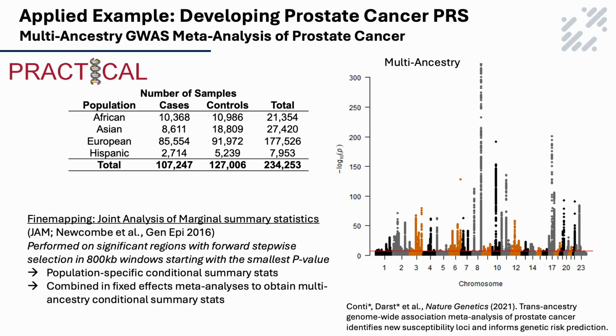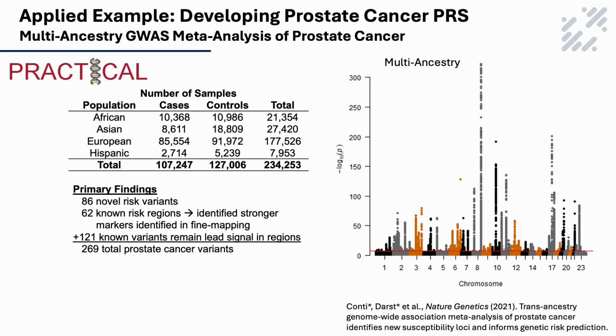We performed statistical fine-mapping in each of the populations to identify regions that are more likely to be causally associated with prostate cancer risk, and then we combined in fixed effects meta-analyses the GWAS results from each of these studies to obtain multi-ancestry conditional summary statistics.